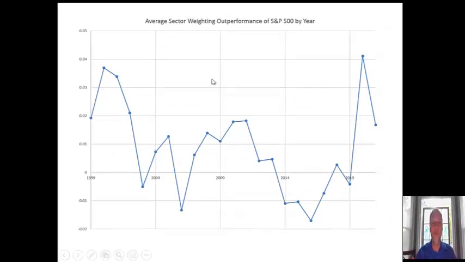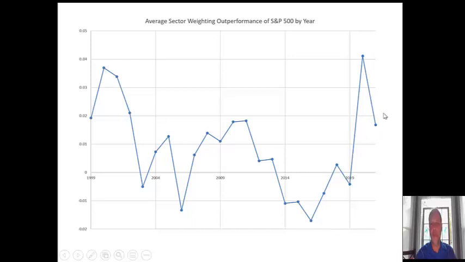Looking at each year for which we have data, the average sector weighting outperformance of the S&P 500 varies from year to year. We can see here in the early years after the bursting of the tech bubble, this approach significantly outperformed the S&P 500.